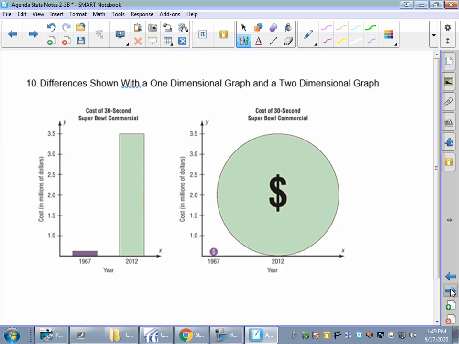If we go to 1 to 2 dimensions, because we are looking at area, it's the same data. All we're really looking at is the difference between these 2 bars. But when we look at the round one, because we see area, it looks so much larger, even though it is a relatively large difference.